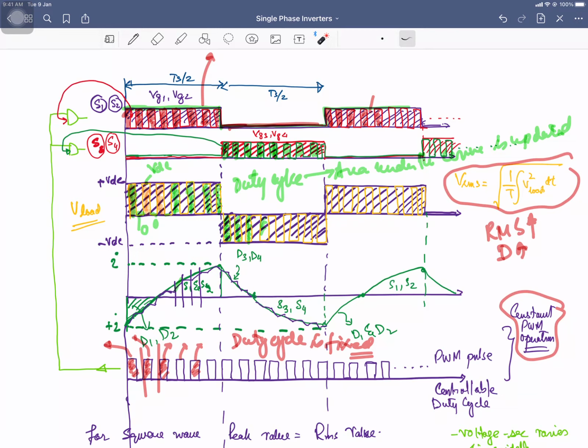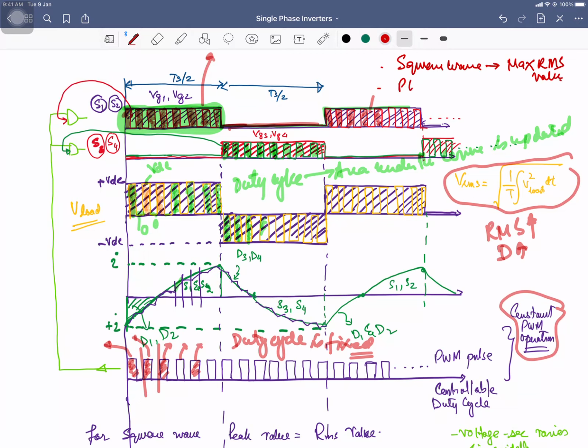The maximum voltage will be there when you cover this whole area. If you cover this whole area, the maximum RMS value will be there. So the pure square wave operation gives you the maximum RMS value.